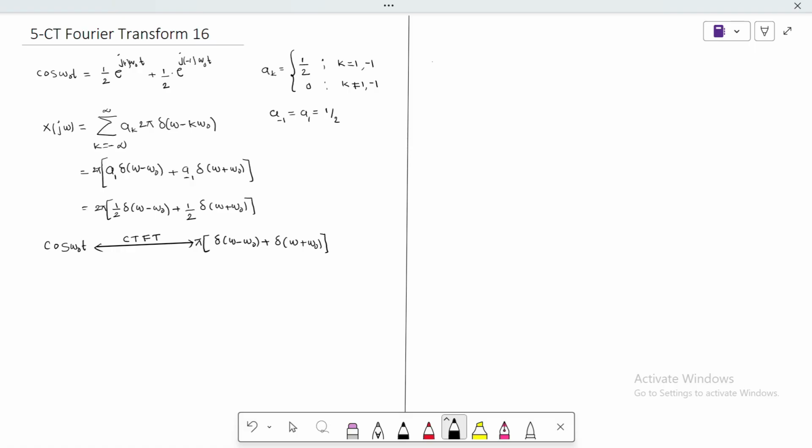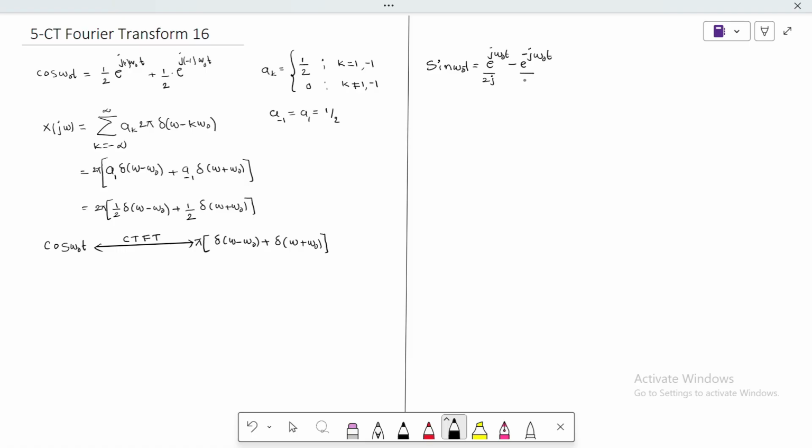Similarly, we can write for the sine function also, periodic sine omega naught t. We know that sine omega naught t equals e power j omega naught t minus e power minus j omega naught t, by 2j.